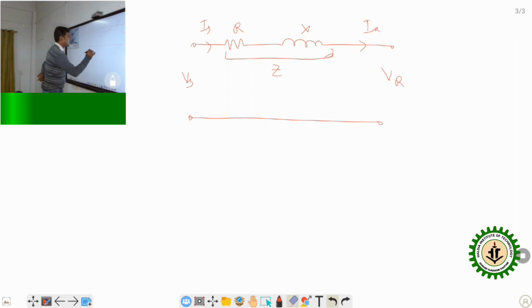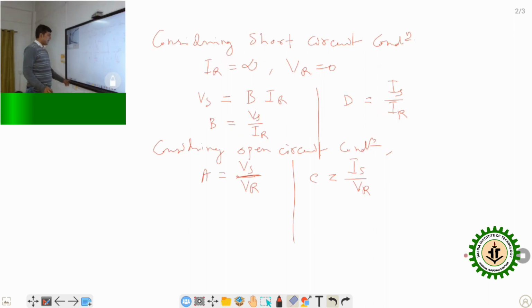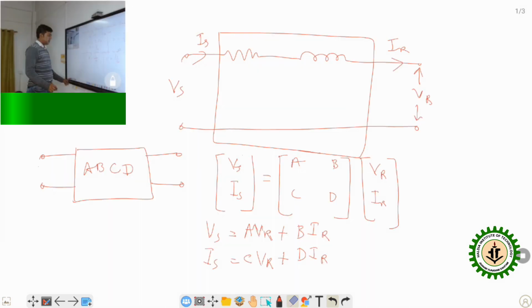So what can I write from here? I can write, Is is equal to IR. One expression with Is: Is is equal to C VR plus D IR. Okay, one expression I get.